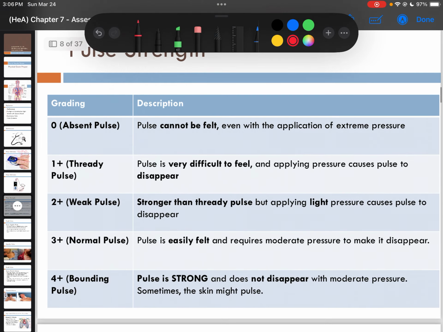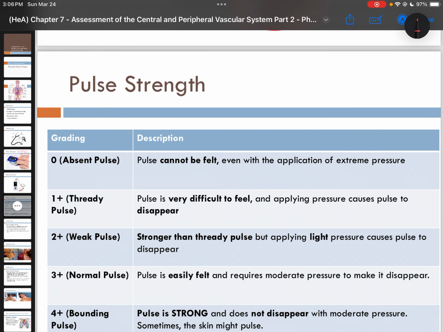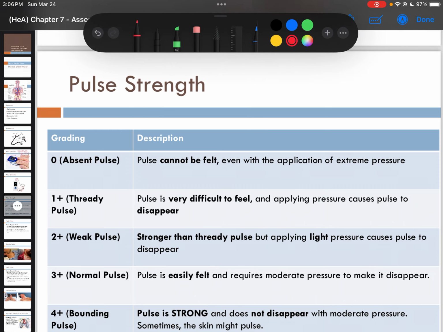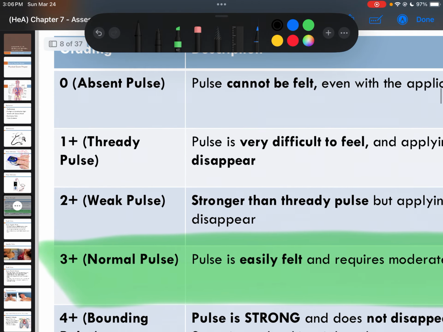Now, class, I want to re-emphasize once again our classification of pulse. As I've said last time, only green or 3 plus is normal. However, after further reading, especially books used for the board exam, they have classified that number 2 is also normal.